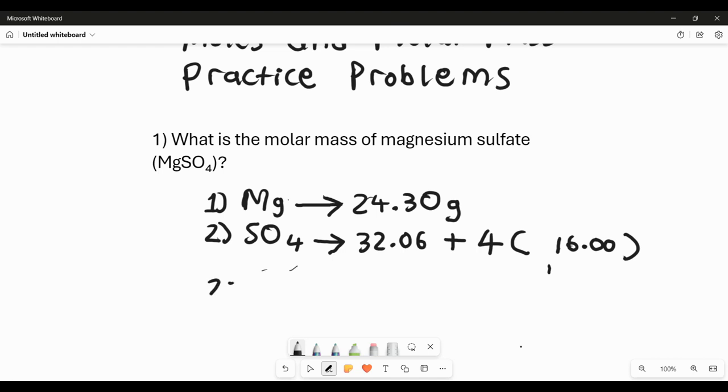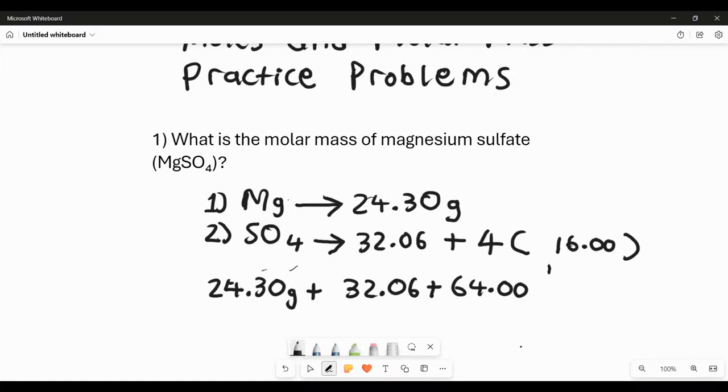Now let's try doing the calculation. So that would be 24.30 grams plus 32.06 plus 64.00. Now, this is the total amount of grams. So if you would like, pause the video now and try calculating this. But what we do is we just pull out a handy calculator and do 24.30 plus 32.06 plus 64.00.